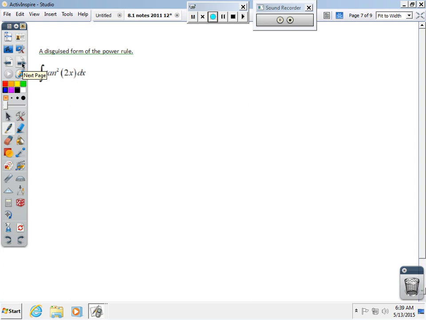All right, next. These directions should be using trig identities. The identity is that 1 plus tangent squared x equals secant squared x.